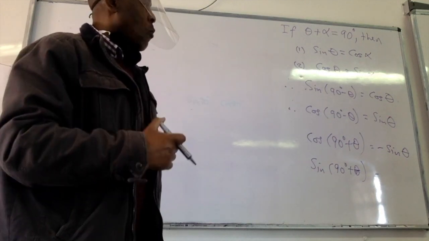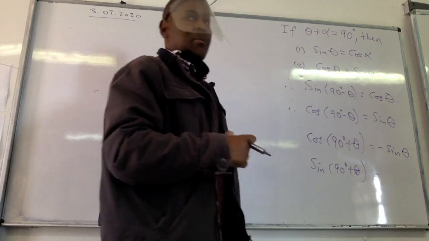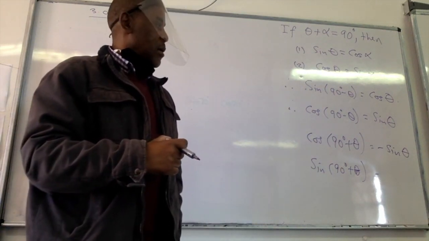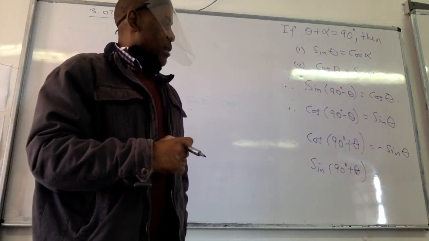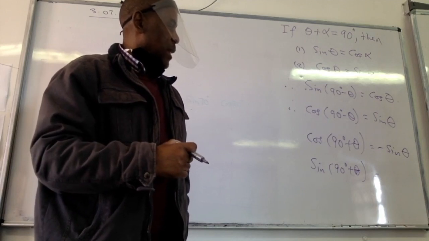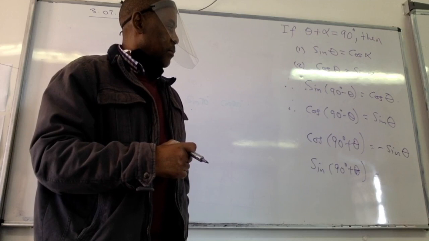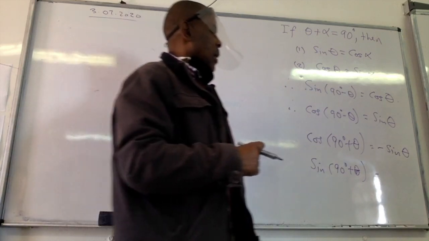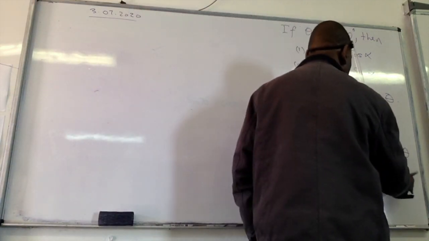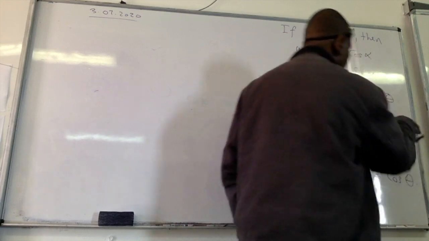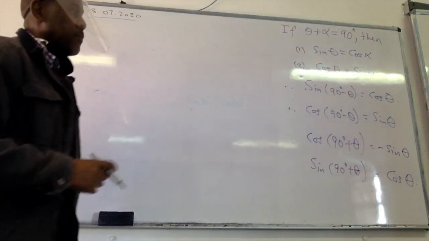We will check why. What do you think about sine of 90 plus theta? Negative cos theta. Negative cos theta or cos theta? Okay, then let's check that. It will be cosine of theta.